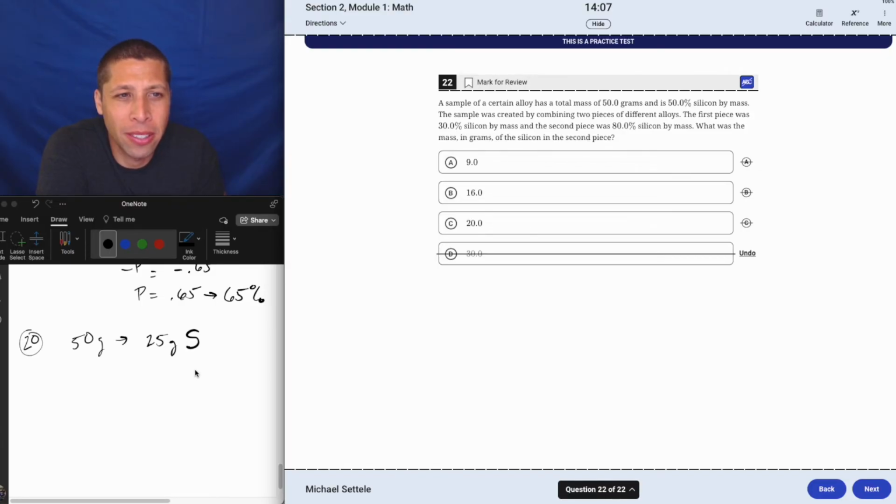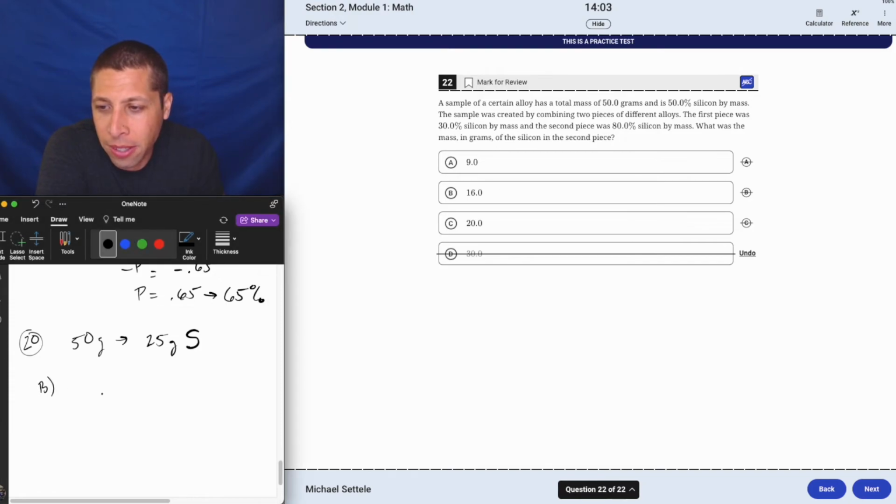So 80% silicon by mass. What if I just assumed choice B is right? So that's 16 grams of silicon, which is 80% of that, right? So the original value is going to be something, and then 80% of that would be 16.